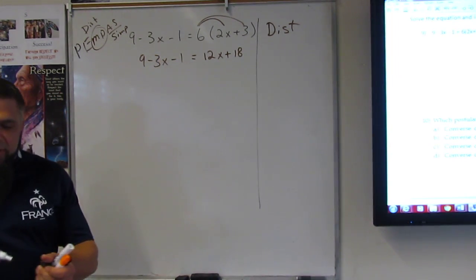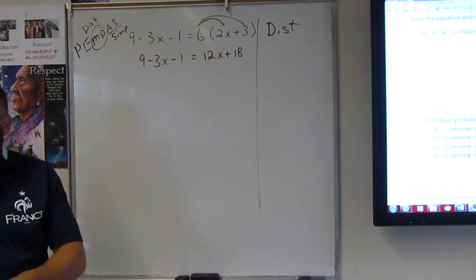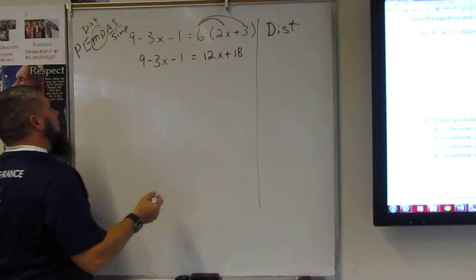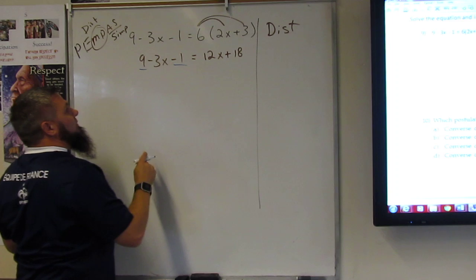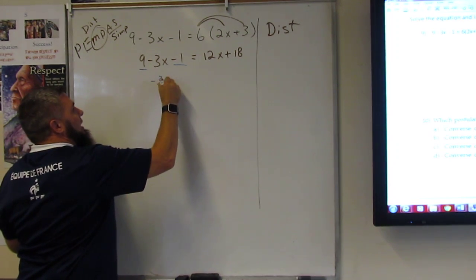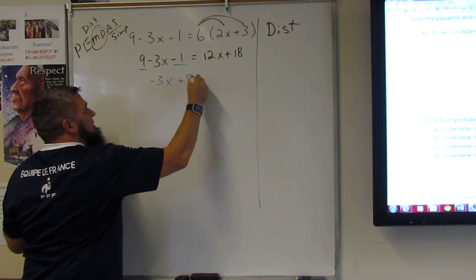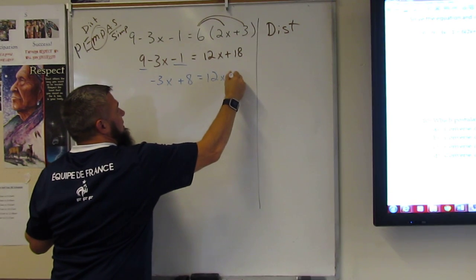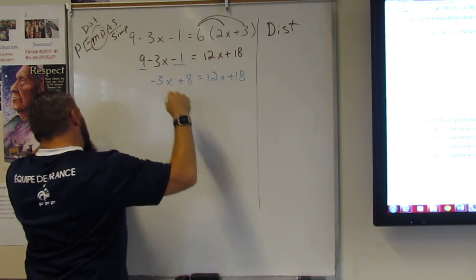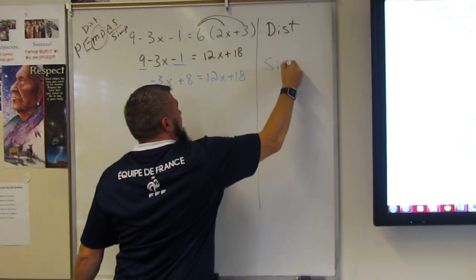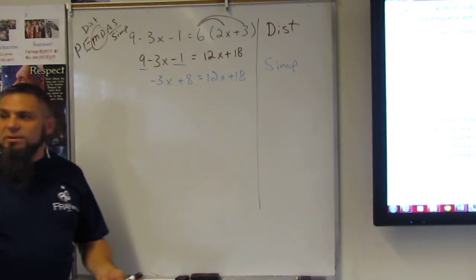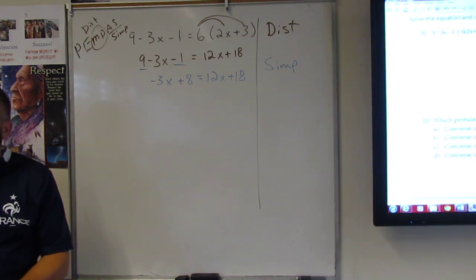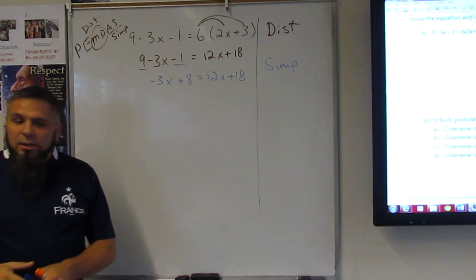And then I would collect like terms, that means 9 and negative 1. That would be negative 3x plus 8 equals 12x plus 18. And that's simplification. We're just simplifying. Now we get to the transition part.